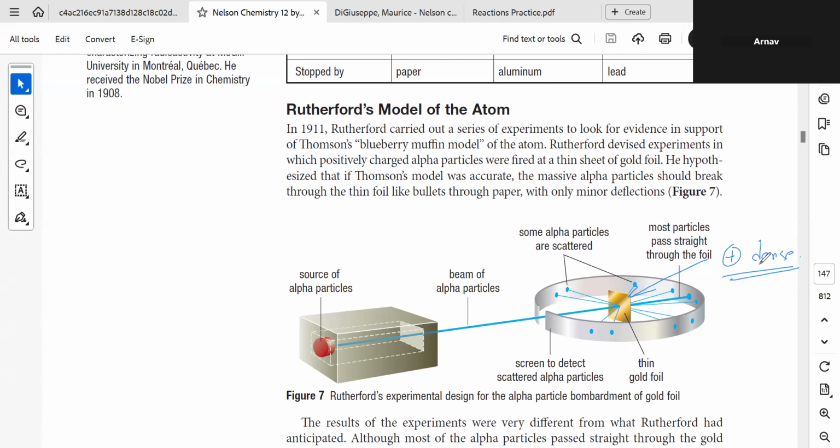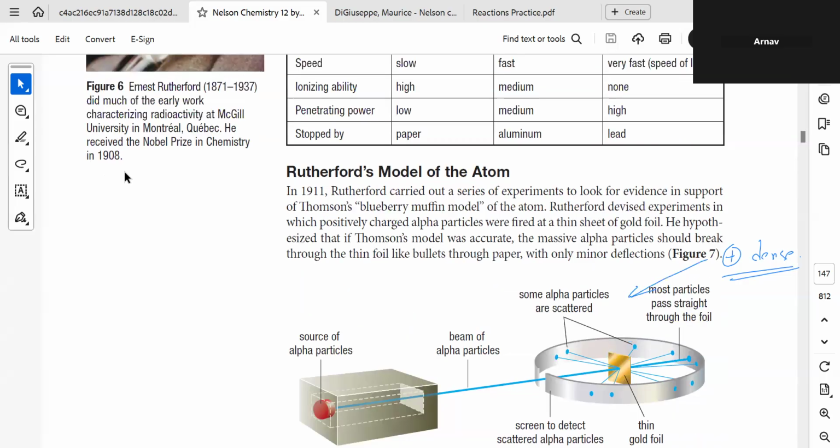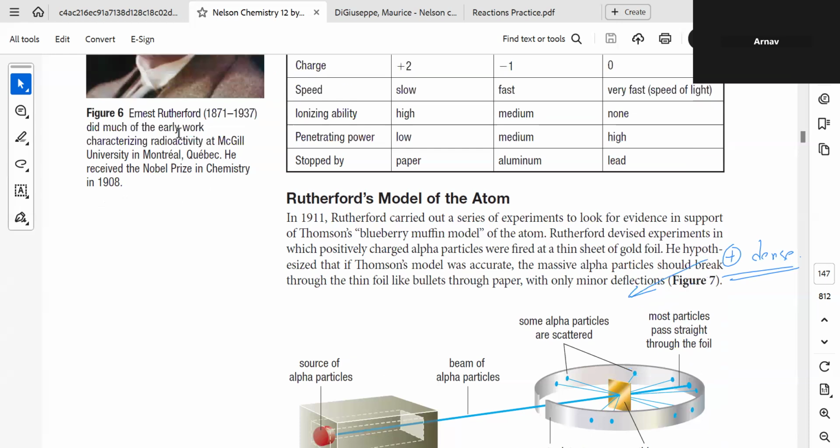Any doubt till here? No, I understand. So Rutherford's experiment is clear. This is his experiment, which is called the gold foil experiment. And I want you to read this.